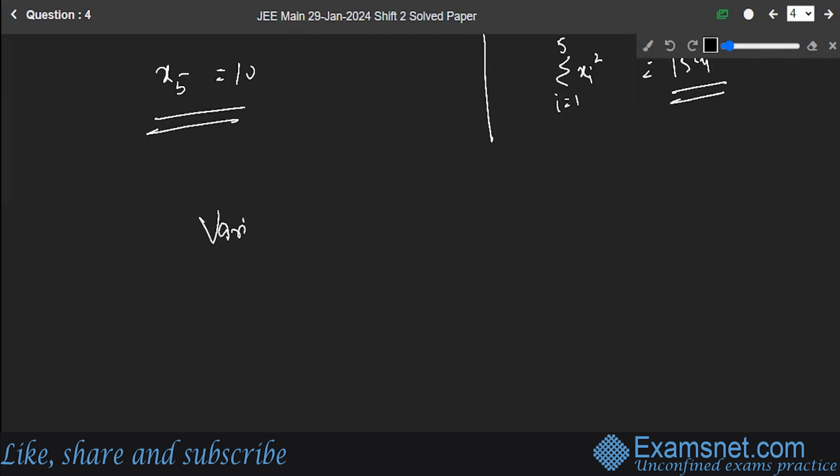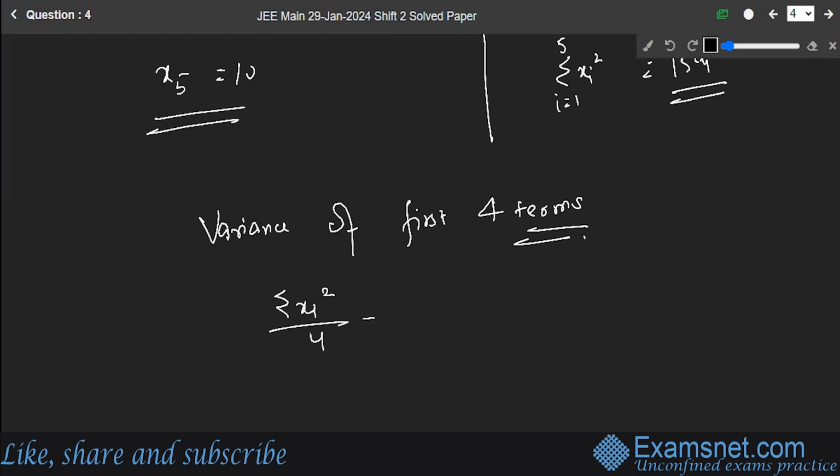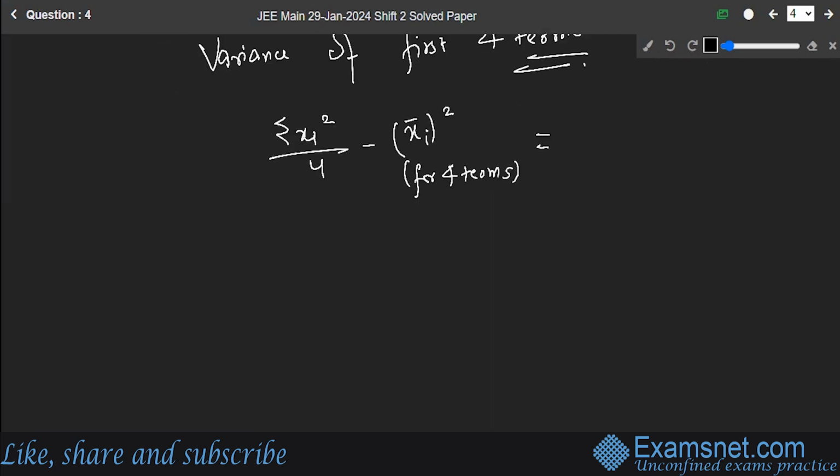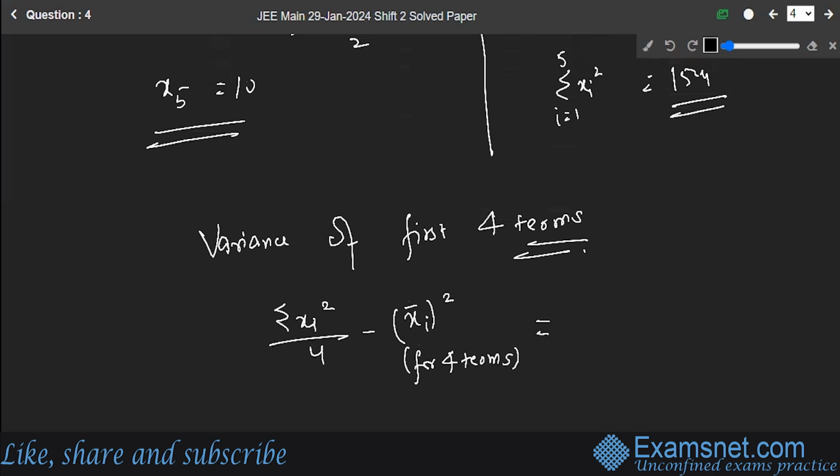Now variance of first 4 terms. This is given by summation xi square upon 4 minus mean of the first 4 terms squared.